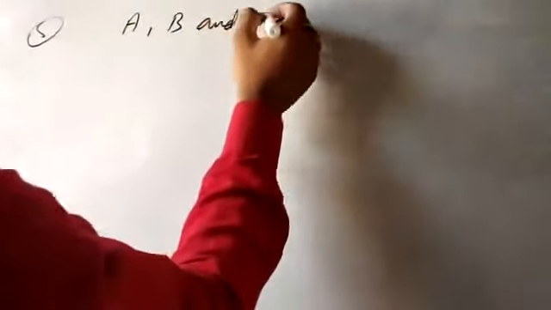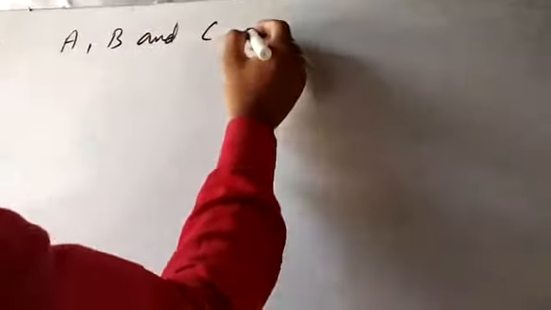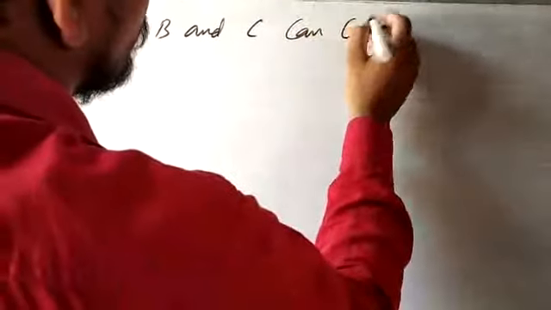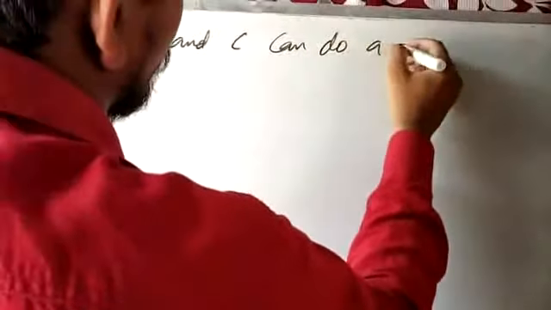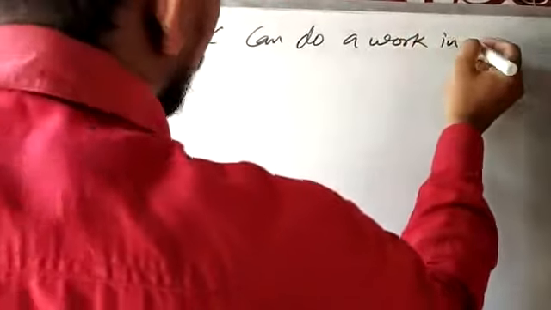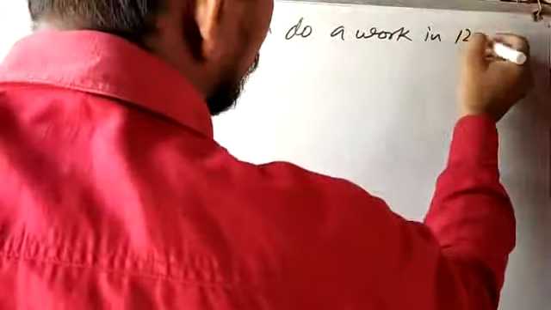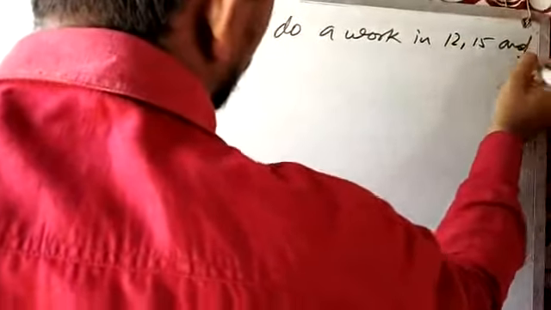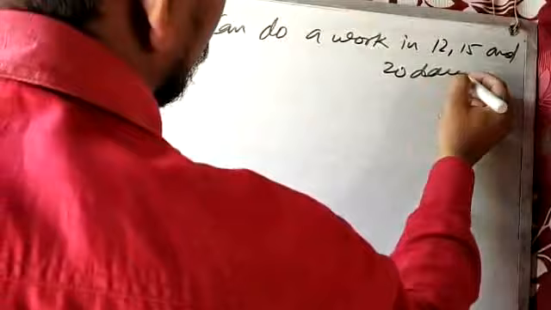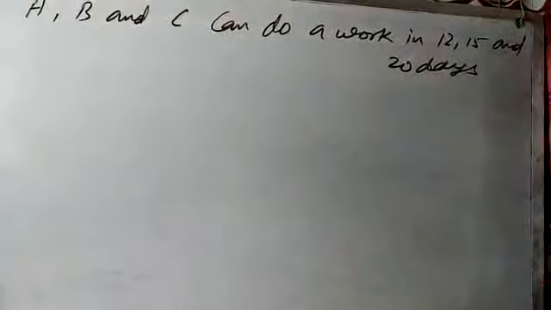Now I am going to solve question number 5. Okay. See, A, B, C can do a piece of work in 12, 15 and 20 days respectively.